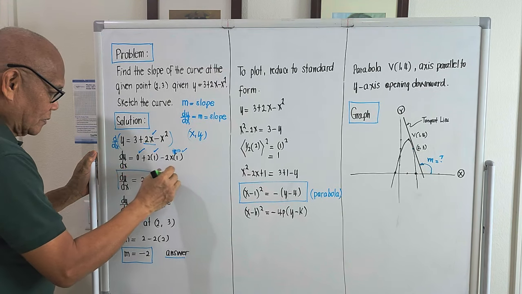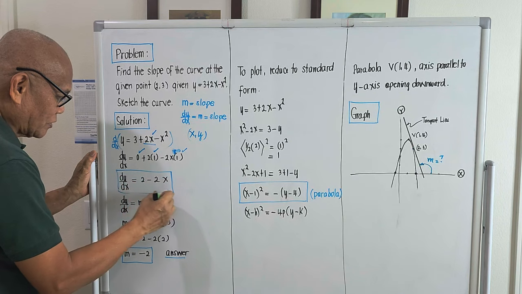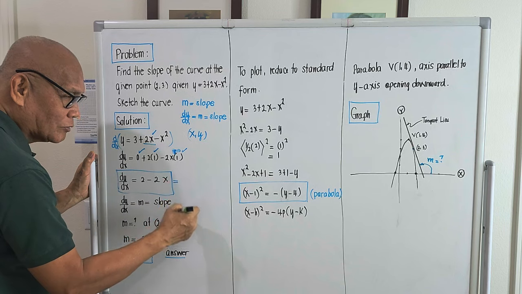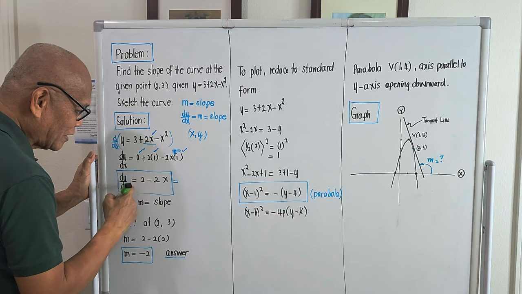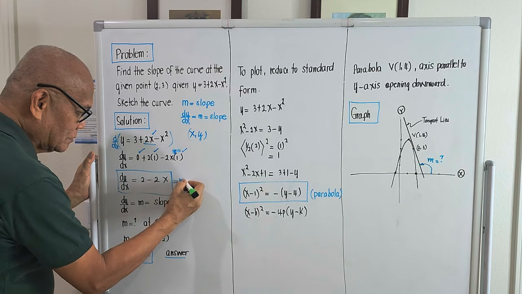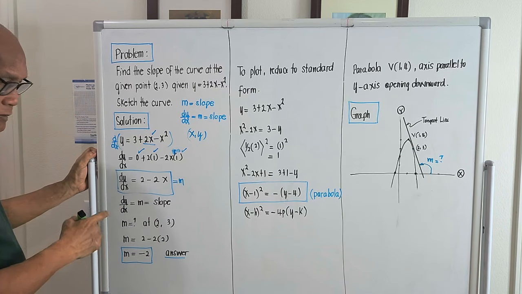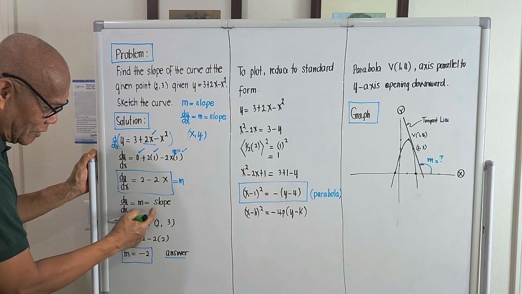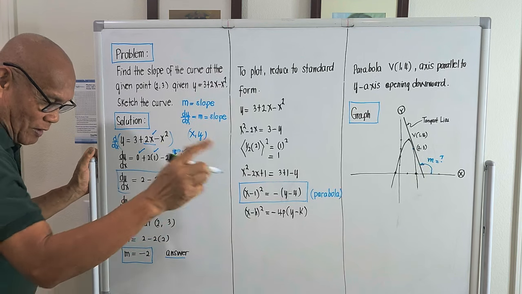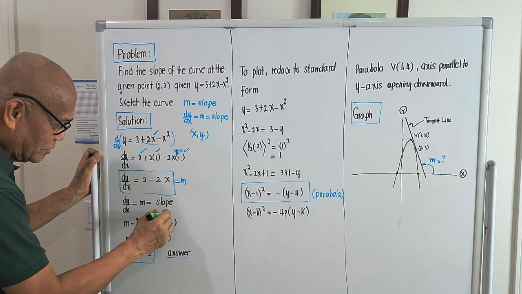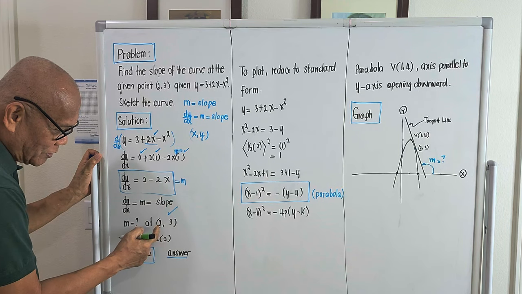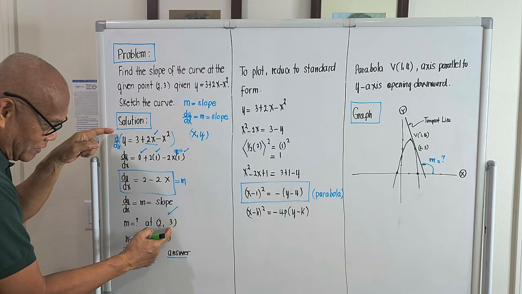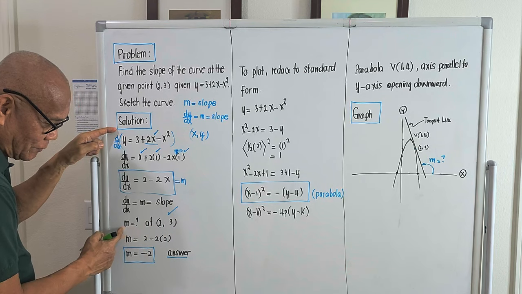So, after taking the derivative of both sides, we are now given the formula on how to compute for the slope, because dy/dx is actually slope. So I equated here dy/dx equals m equals slope. The problem is asking at the location (2, 3), meaning the abscissa is 2 and the ordinate is 3, for the given curve, what will be the slope?